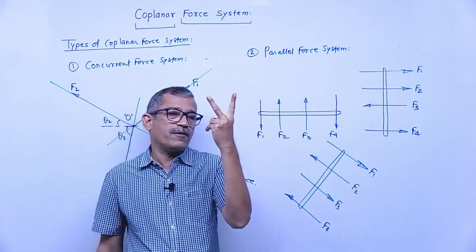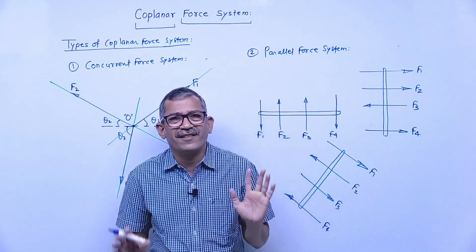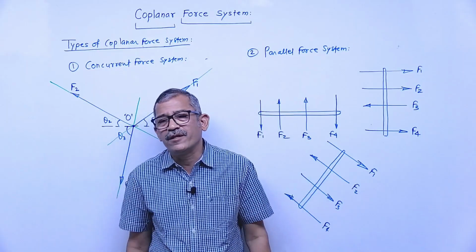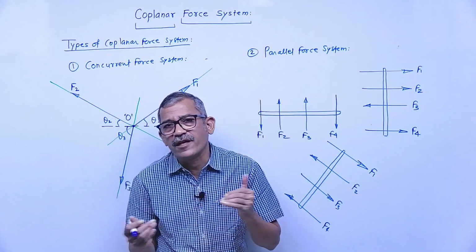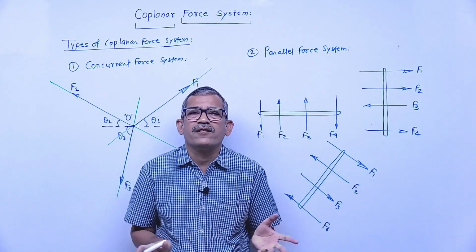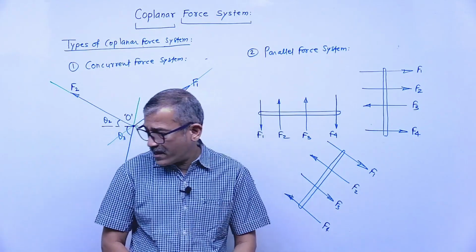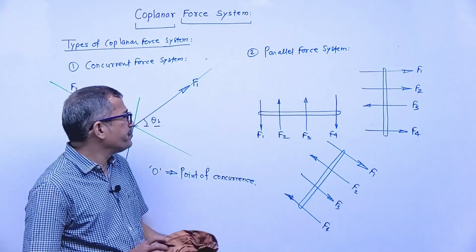So the two types are unlike parallel force system and like parallel force system. If directions of all forces are the same, it is a like parallel force system. If directions are different, some upward, downward, leftward, rightward, then it is called an unlike parallel force system.